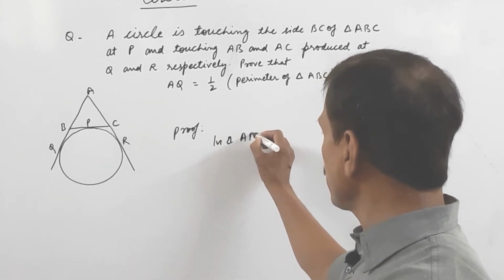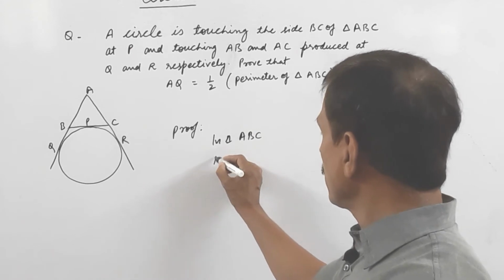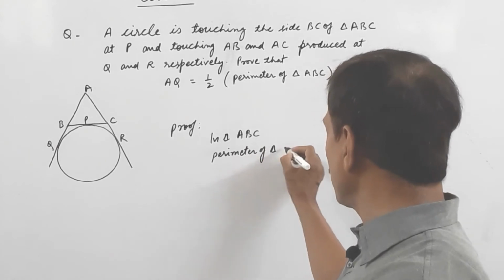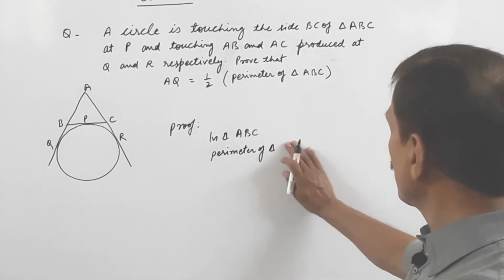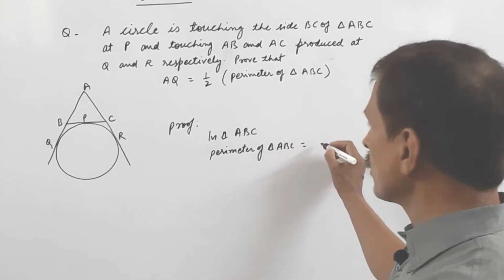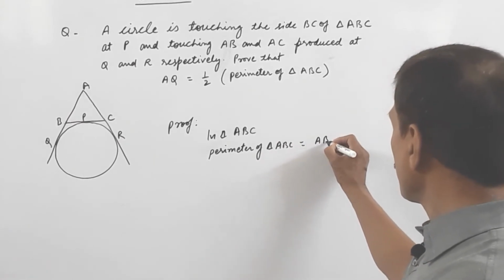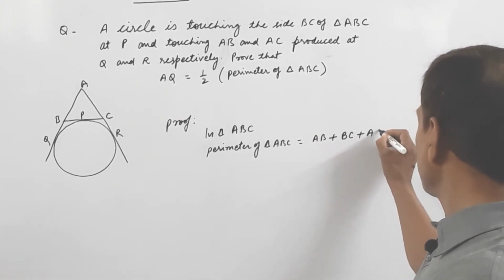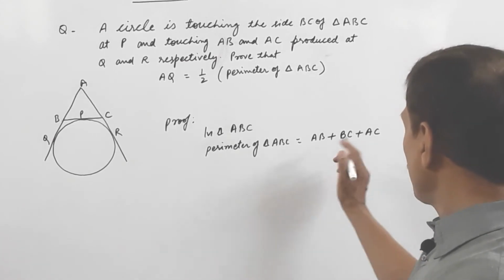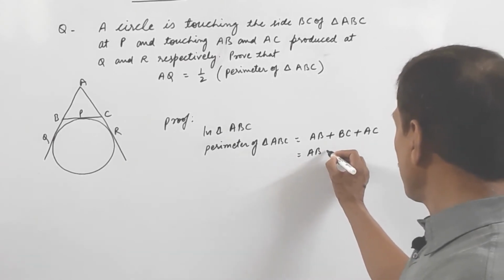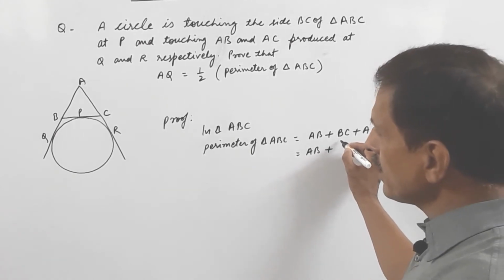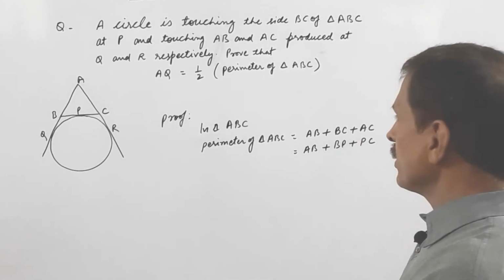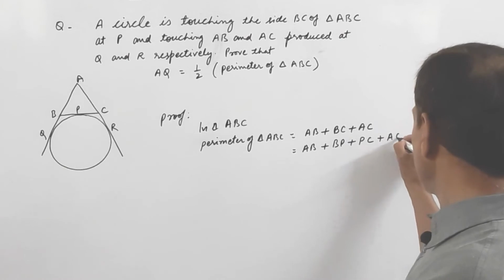In triangle ABC, perimeter of triangle ABC is equal to AB plus BC plus AC. AB plus BC may be written as BP plus PC, so AB plus BP plus PC plus AC.